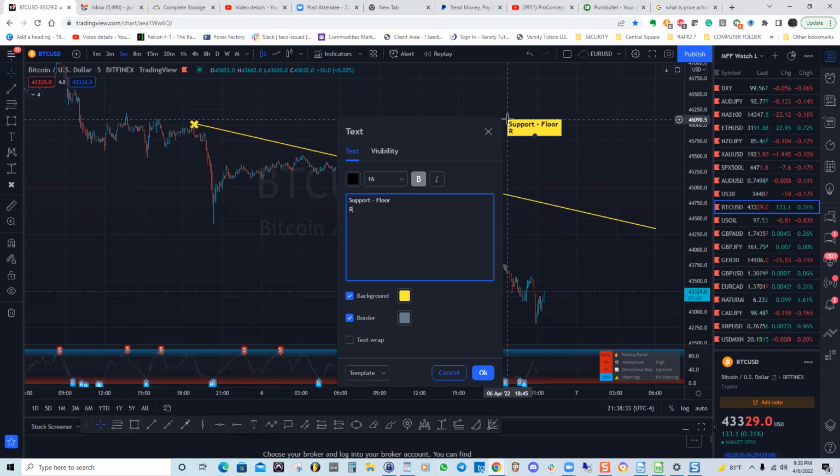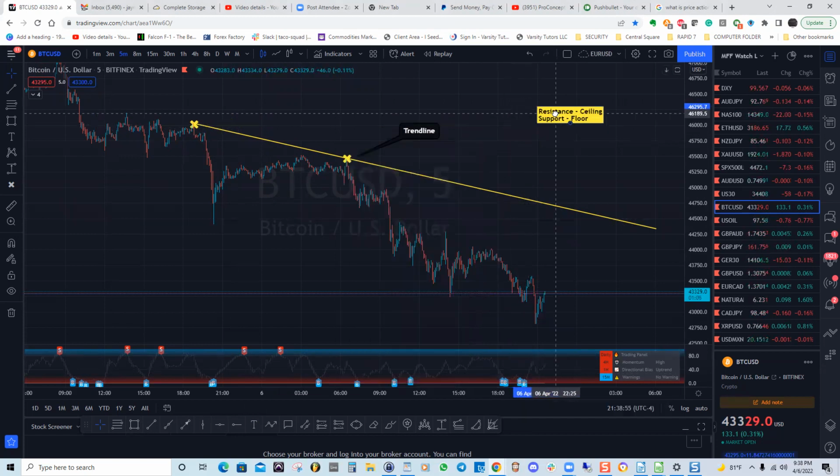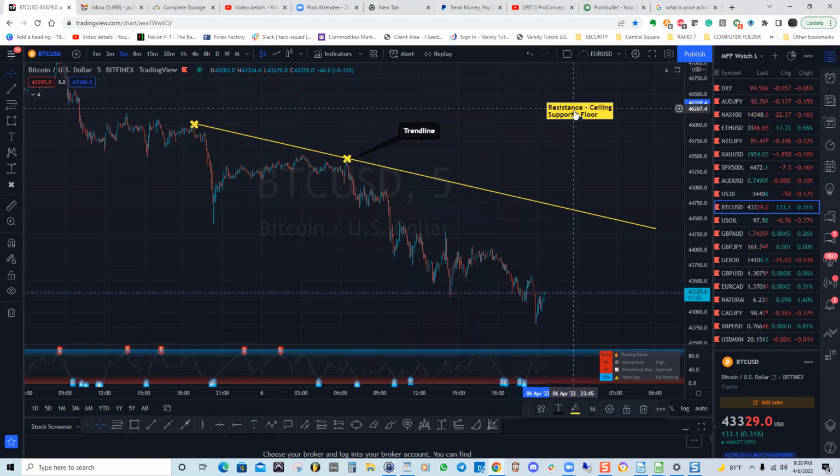And think of resistance, let's put resistance on top here, as being the ceiling. So you have a floor and a ceiling. Imagine you in your room and you've got the ceiling, which is resistance. It can't go any further than that. And you've got support, which is called the floor. I'm going to put this over here for now, and we're going to be using this terminology to help us with this chart here.